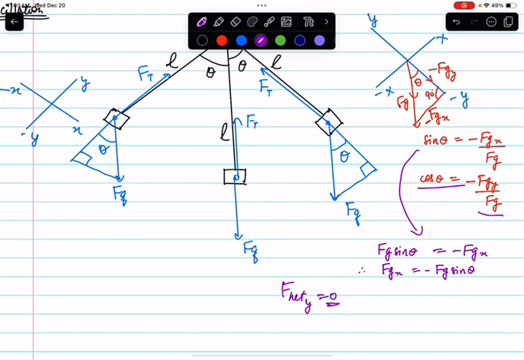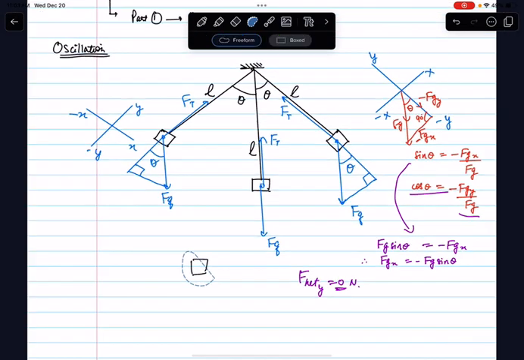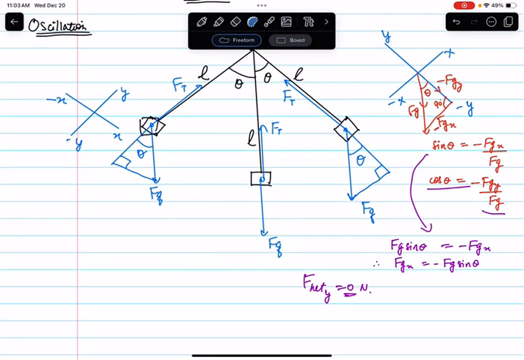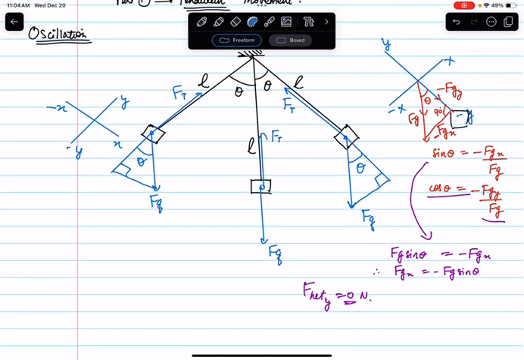So what we see over here is that the sum of forces, F net in the y direction, is 0 newtons. If I draw a pendulum bob over here, as you can see, the pendulum is only going in the x direction. If you remember, the axis is shifting, so you're going in this direction. But the pendulum is not going up and down, so it's not going in the positive or negative y direction.